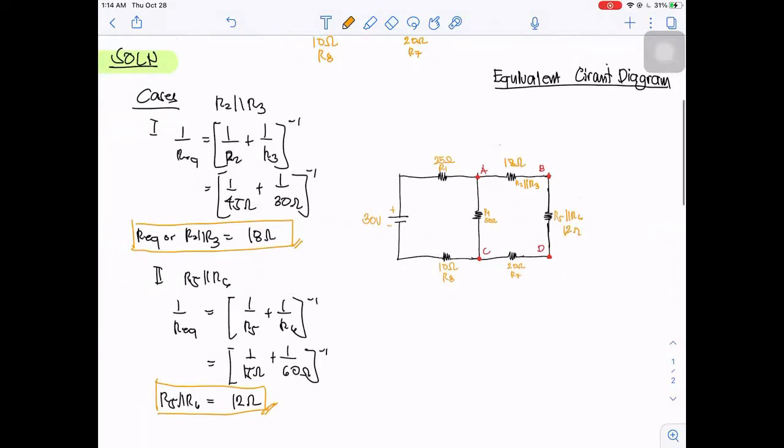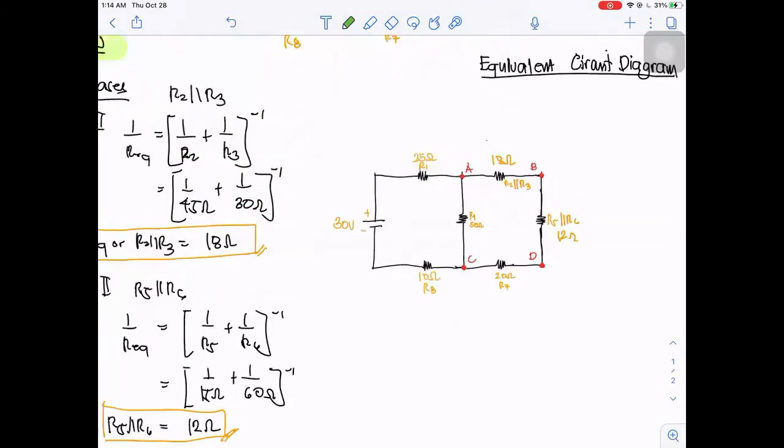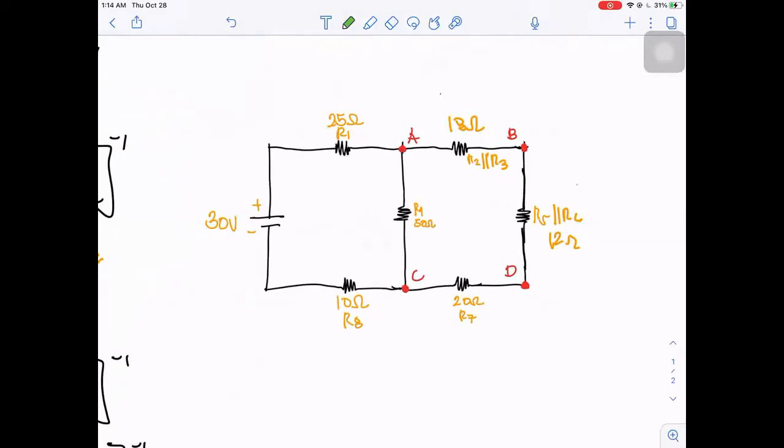After that, we have our third case. As you can observe in this circuit, R2 parallel R3, R5 parallel R6, and R7 are in series. So this is now our new case, case number 3.